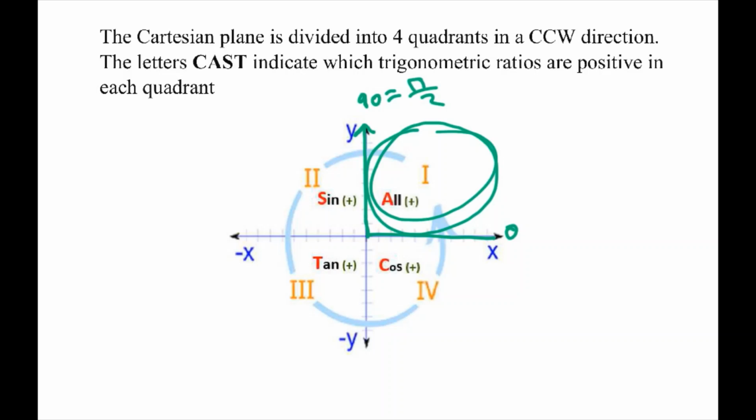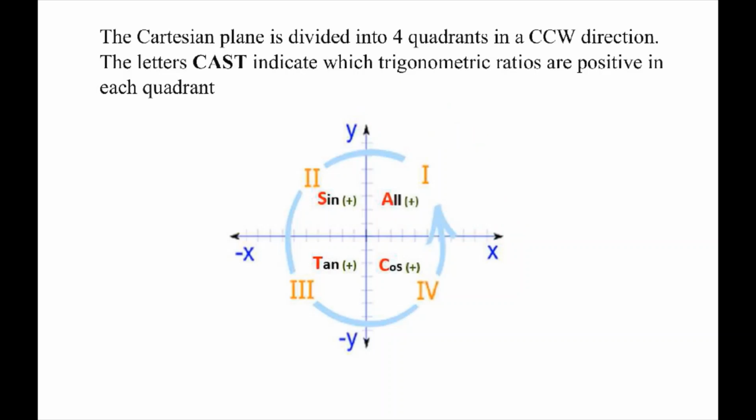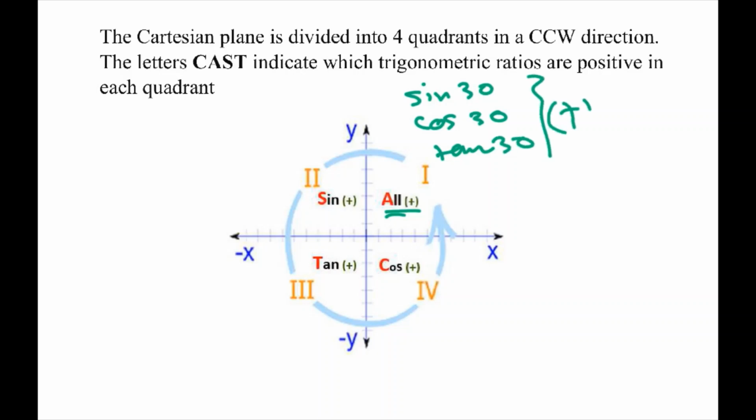Anything within this quadrant, any angle less than 90 will have sine, cosine, tangent, and the reciprocals positive. So all of them will be positive. So for example, try sine 30, cosine 30, and tangent 30, and the reciprocals will all be positive because 30 is less than 90.